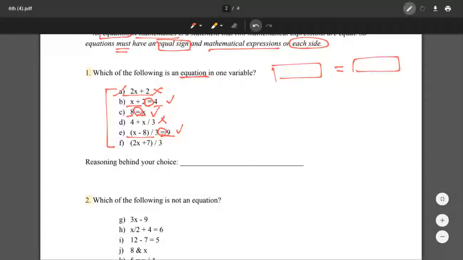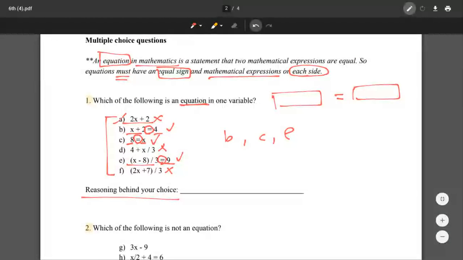How about F? No, it is not. So, choice B, C, and E are an equation. Okay? And then again, for reasoning behind your choice, we can refer to this definition over here.